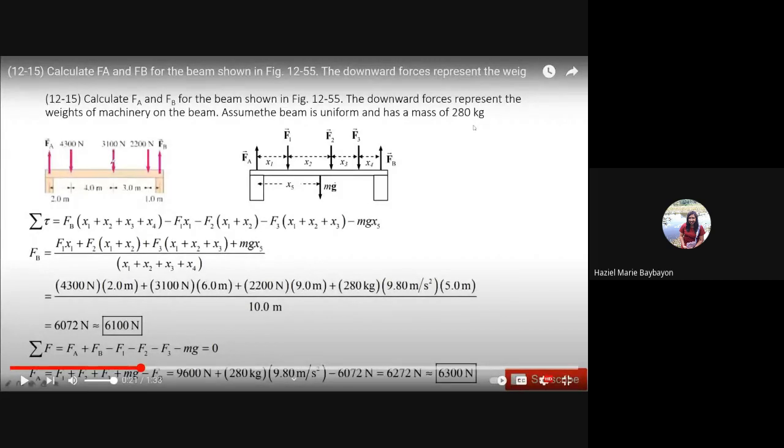Let me see if it is the same as the given in our problem here. Okay, so the difference here is that we are not given mg. So let us try to calculate this. Again, we are asked to find F1 and F2.